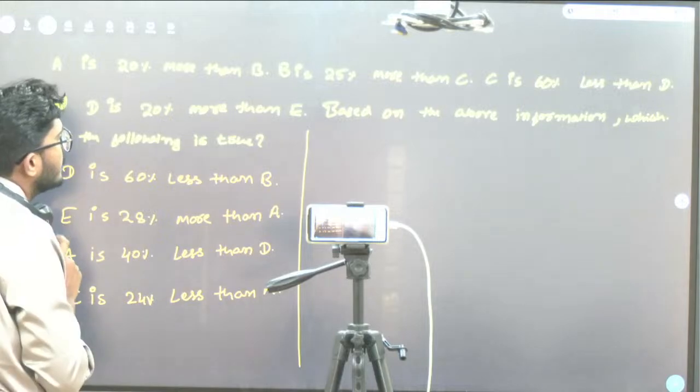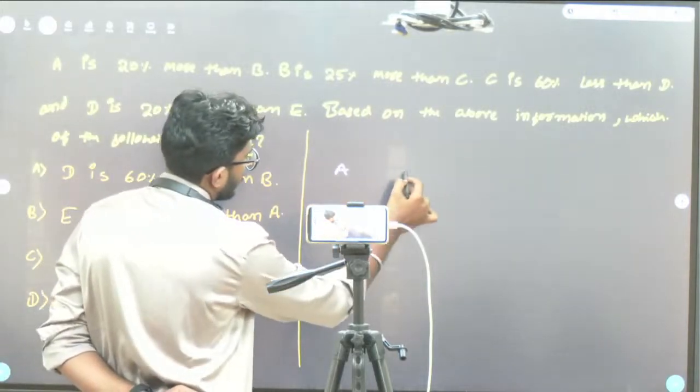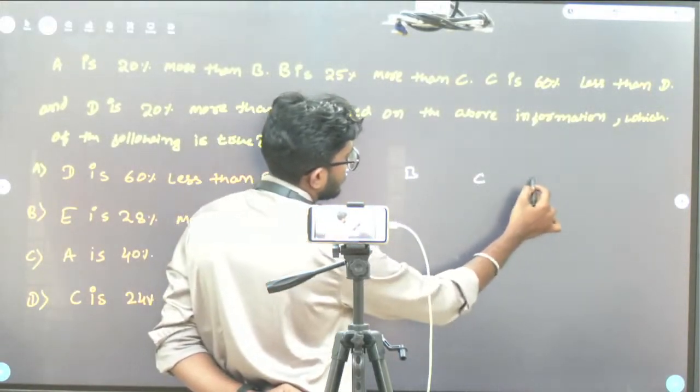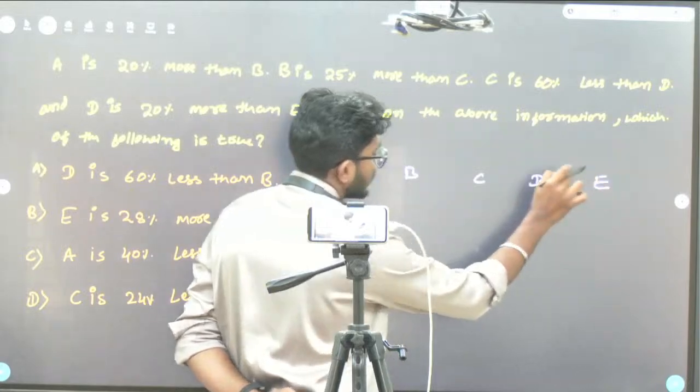A, B, C, D, E. Write down A, B, C, D, and start from the last.